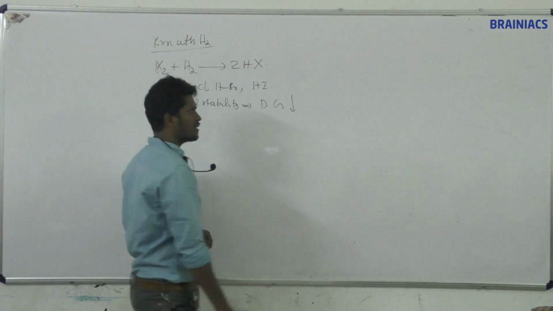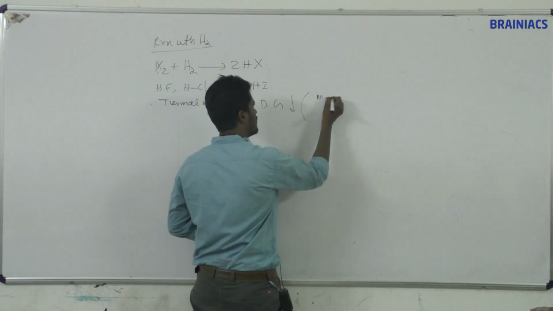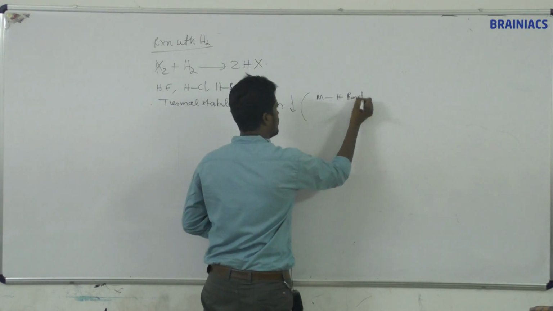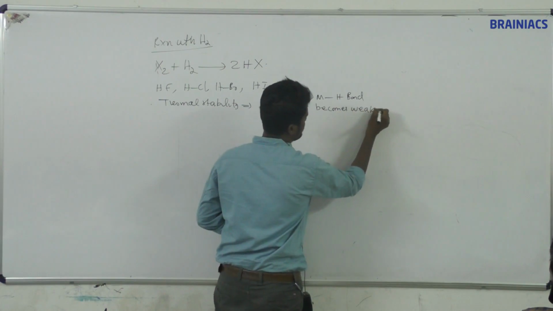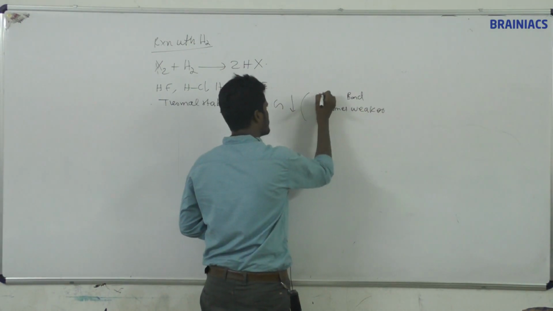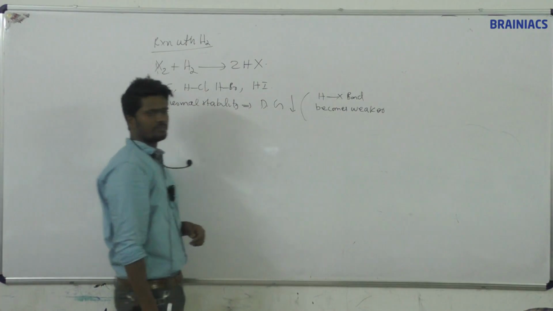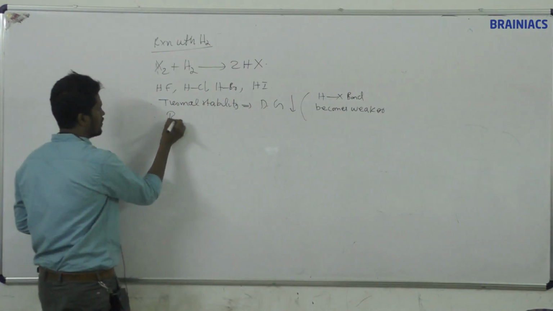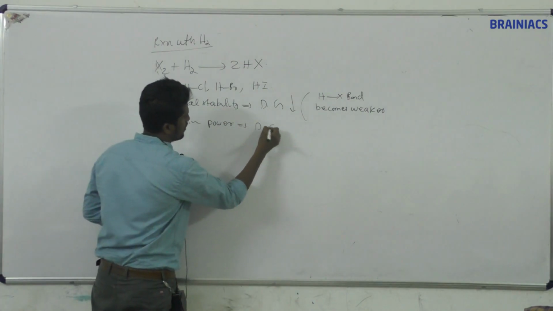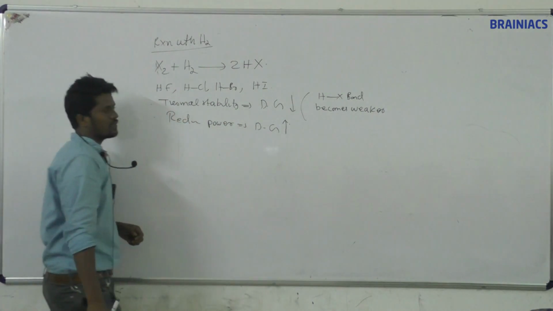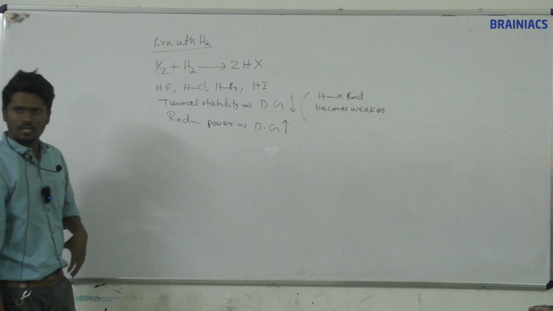That means the HX bond becomes weaker. So the reducing power increases down the group.